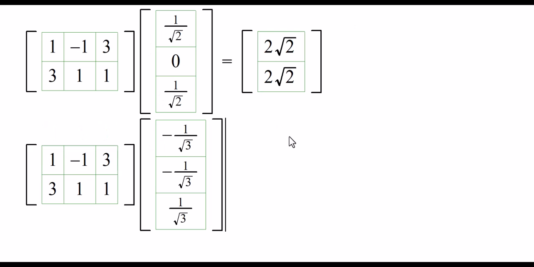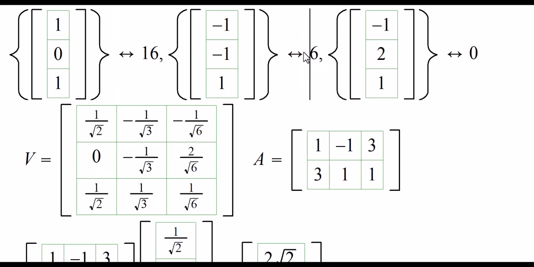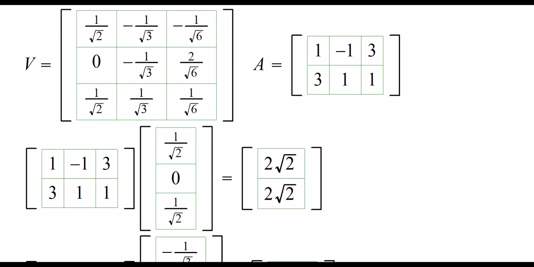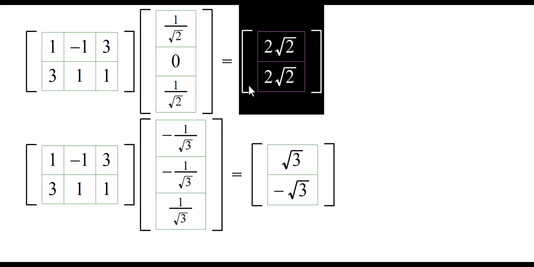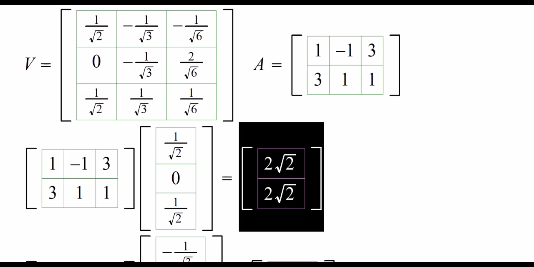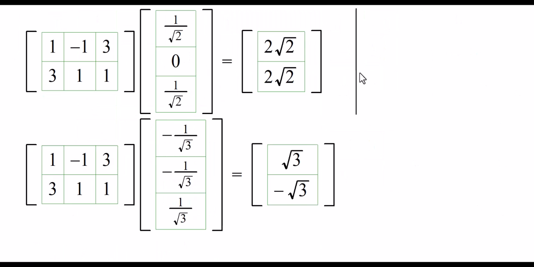Here we go, and if we multiply this here, then as you can see, we are getting square root of 6 as the length of this vector. Okay, so you can see this here, that is the length of this vector, as you would expect, is 4. So we can create a unit vector here.